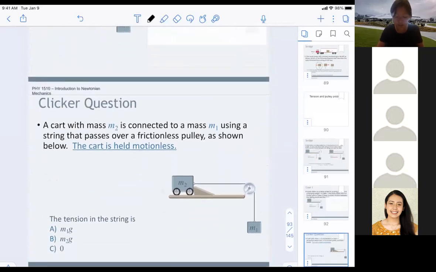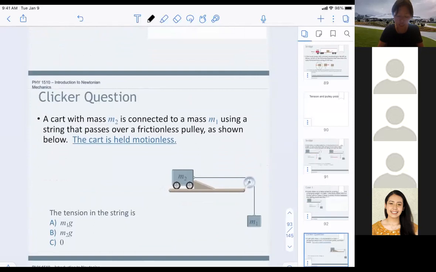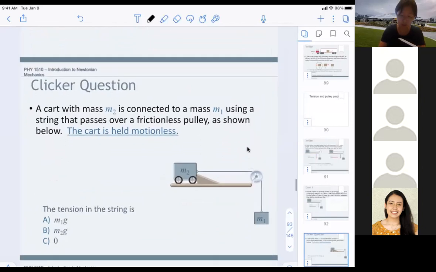We can break it down into a few different questions. So for example, we know exactly how to solve for tension when the whole setup is held motionless. If you have a little stop right here, nothing is moving. What about the tension in the string right now? I'm going to let you go ahead and let me know what you think. That should be a fairly straightforward and quick vote.